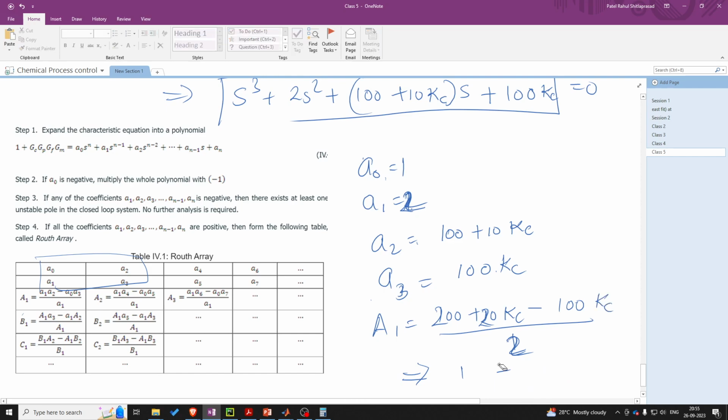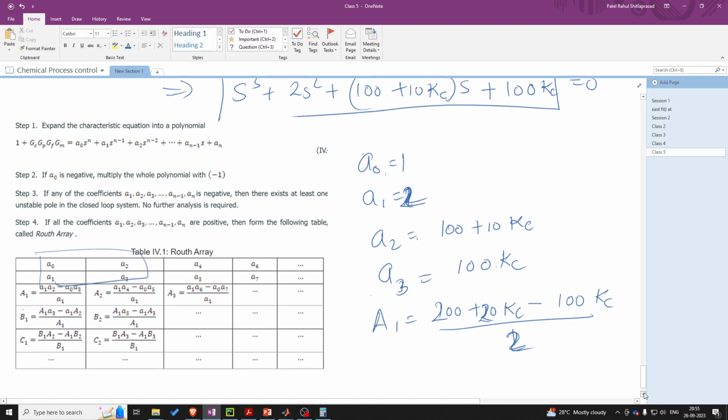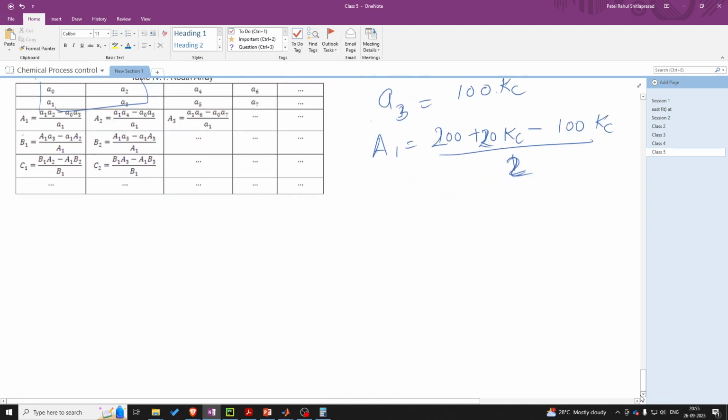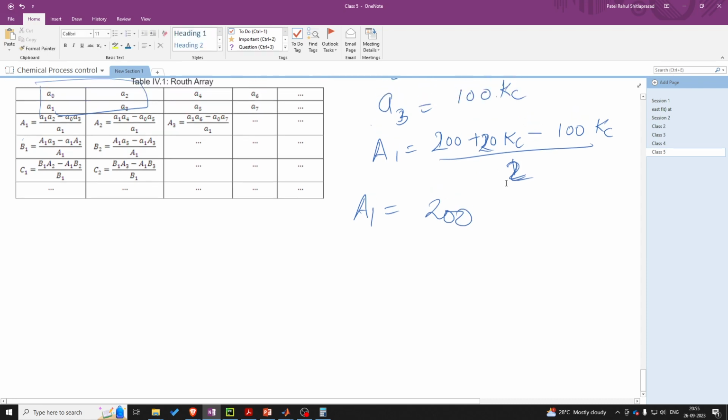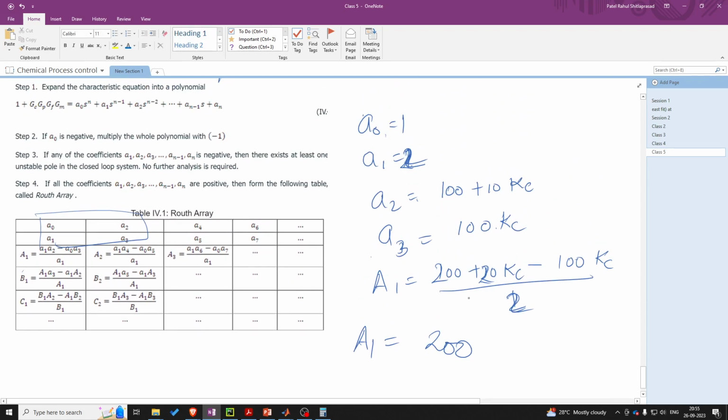So the value of B1 becomes not 200, it is 100 minus 80 Kc by 2.